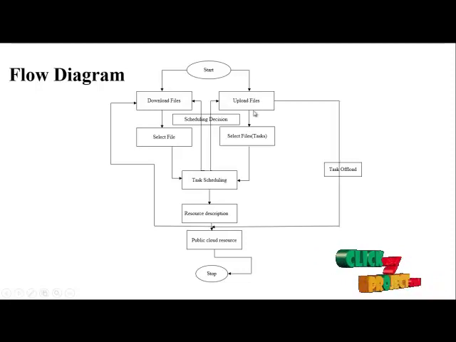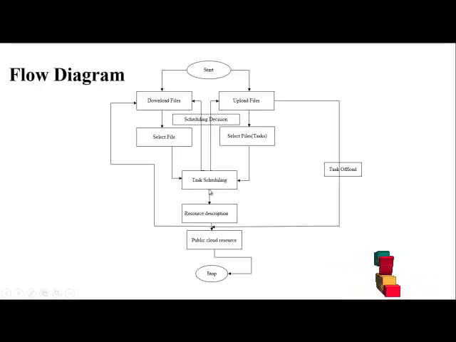The user selects the files to upload; that is the task selection. Here the files are also called tasks or work. The file goes to the task scheduler, because the scheduler is the third party that schedules the process.